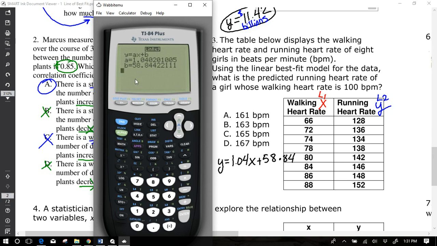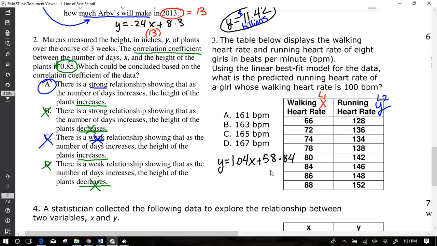Then this was the answer that I got, 1.04. I rounded to 2 decimal places, and then 58.84. The digit after that 4 is less than 5, so this 4 stays a 4. Remember how we do our rounding. So this is the equation for my line of best fit.